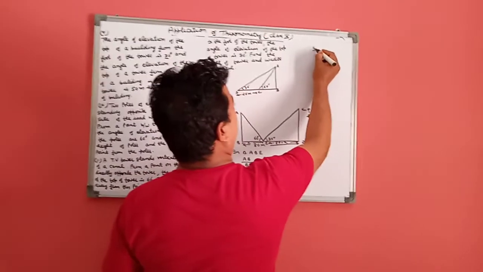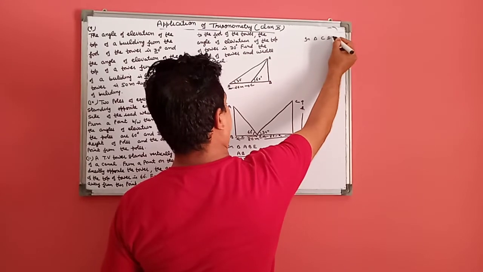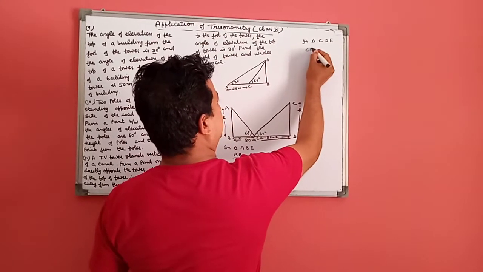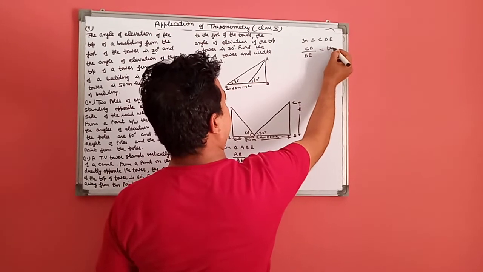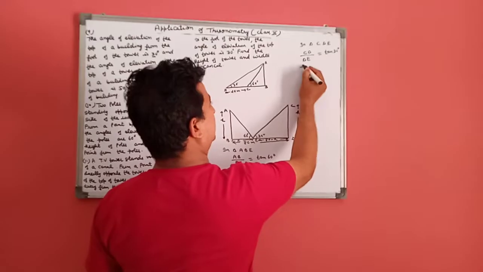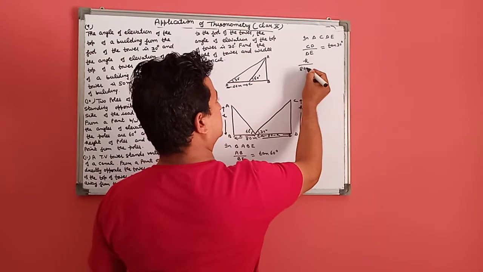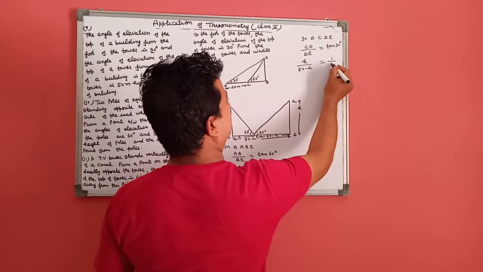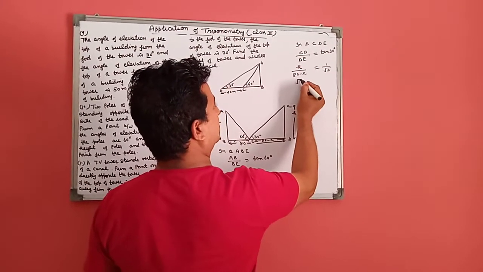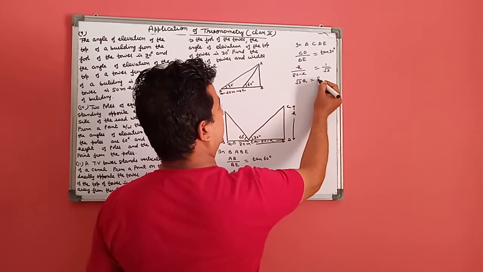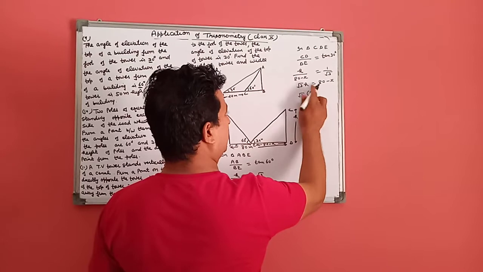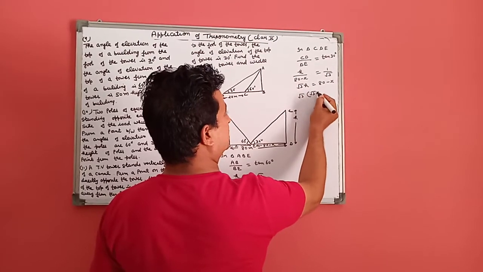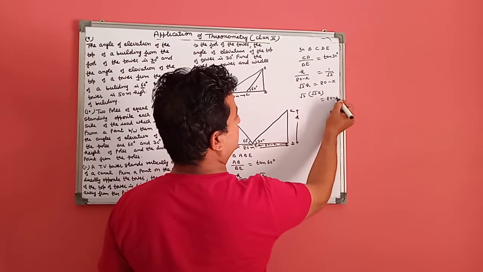In triangle CDE, CD is the perpendicular, DE is the base, which is equal to tan 30. H upon this is 80 minus x, tan 30 is 1 upon under root 3. When we cross multiply this, put value of H, which is under root 3x, 80 minus x.